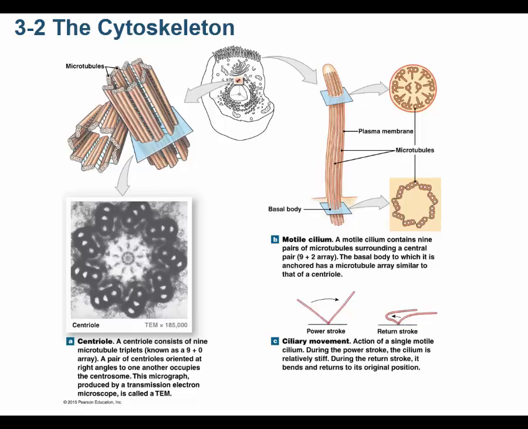And remember, from the centrosome, also called the microtubule organizing center, the MTOC, we have centrioles, and from the centrioles we grow these microtubules that become cilia or flagella. Eukaryotic cilia and eukaryotic flagella have some architecture that's predictable.